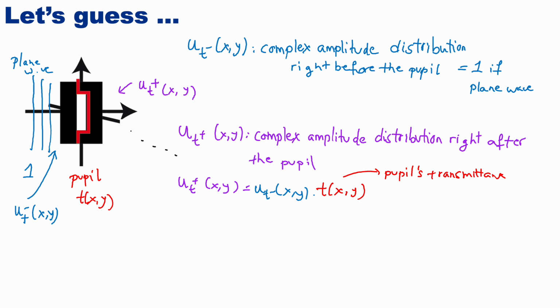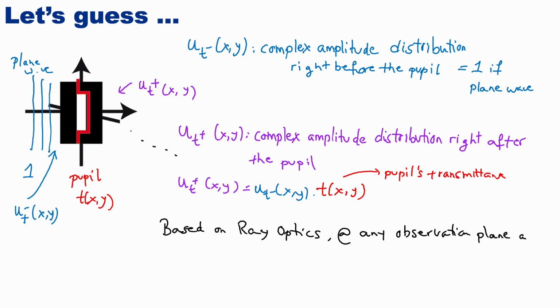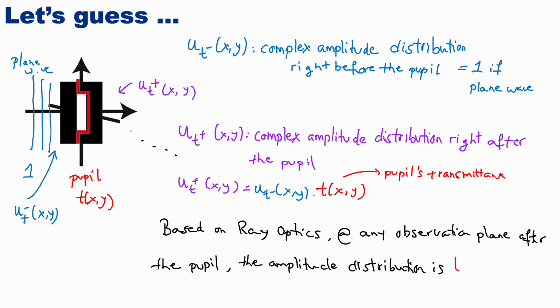And if we are observing really far away, right, we are assuming that based on ray optics, we are saying that at any observation plane after the pupil, the amplitude distribution is our pupil transmittance.